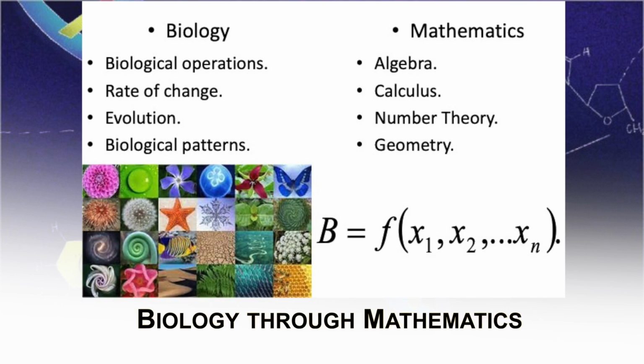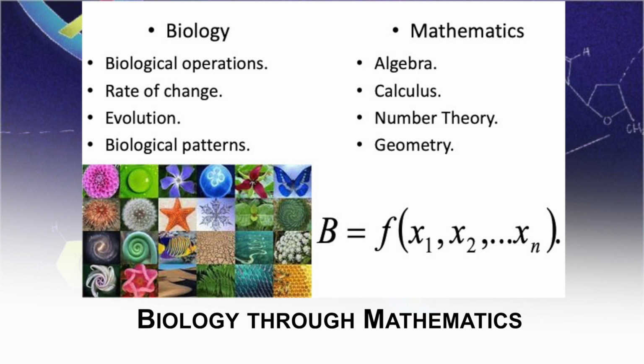And finally, we have the conclusion. This is the comparison between biology and mathematics. We know that there are 4 pillars, or 4 fundamental branches, of mathematics: algebra, calculus, number theory and geometry. Through algebra, biological operations are defined. Rate of change corresponds with calculus.